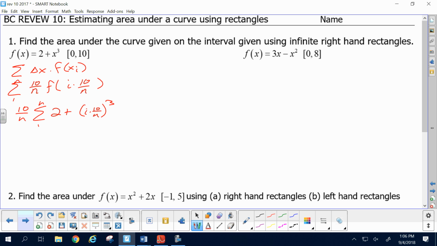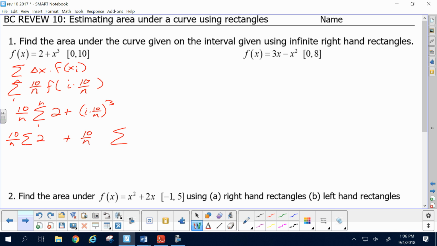All right. Now, we want to separate. So we're going to have a 10 over n times the sum of a bunch of 2's, and we're going to have a 10 over n times the sum of a bunch of cubes. I could also pull the 10 over n cubed out.